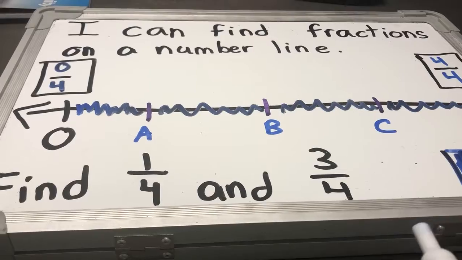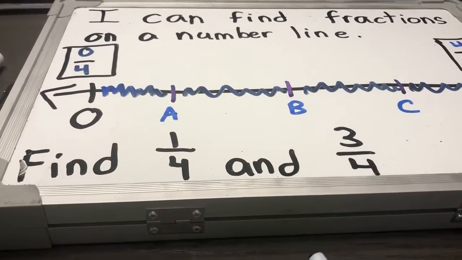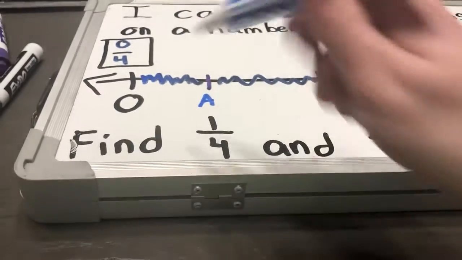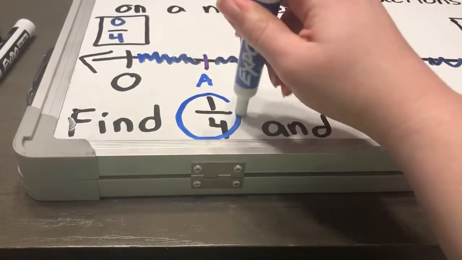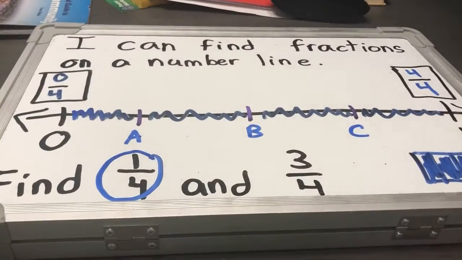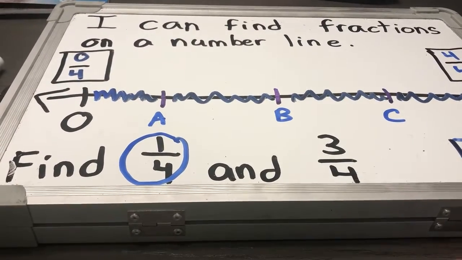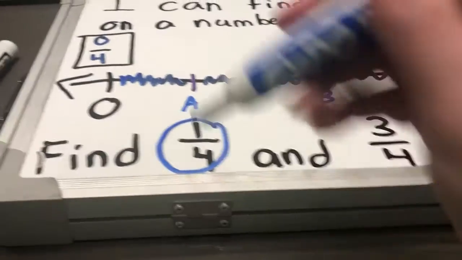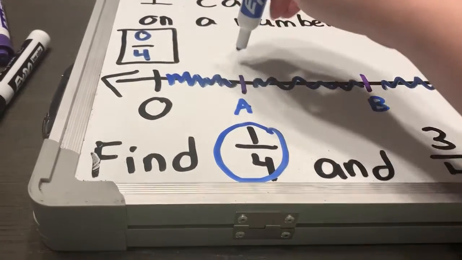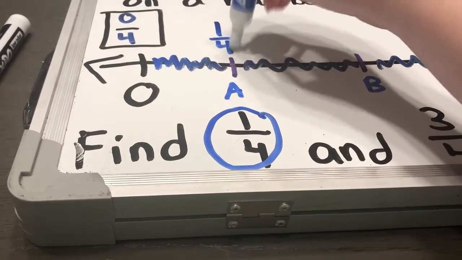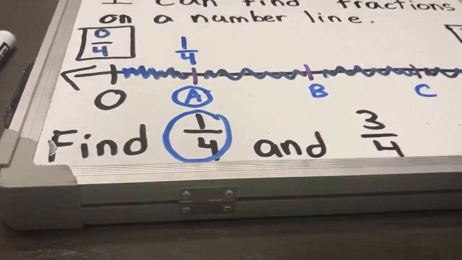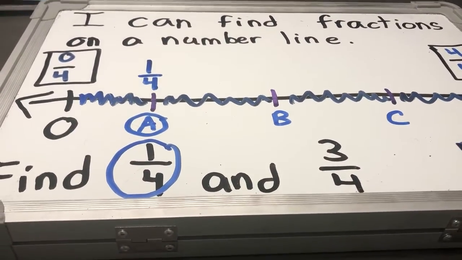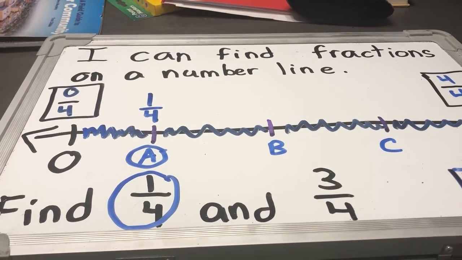So you need to tell me which letter is 1/4. We're finding 1/4 first. Which letter tells us we have 1/4? Good, because this is 1 part. So 1/4 is letter A. Now, which letter tells us we have 3/4?